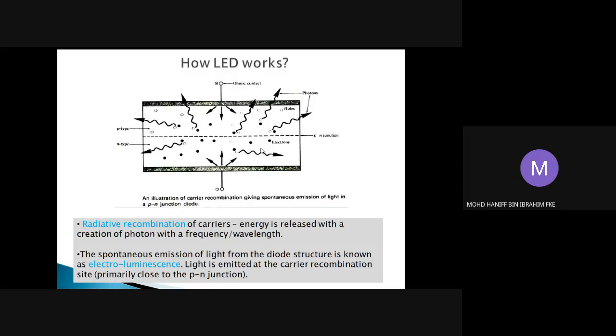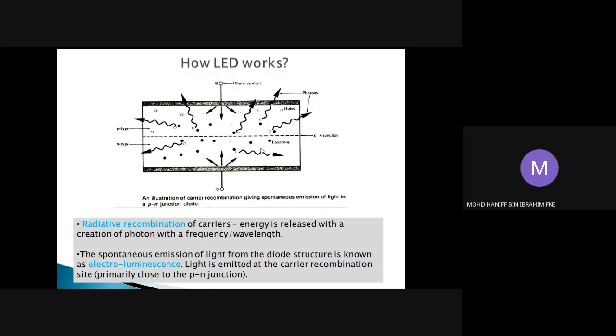But we're going to have other types of atoms, not gallium and arsenide, and the recombination of electrons and holes there will not produce light. This is what we call non-radiative recombination. Hopefully you understand this now.